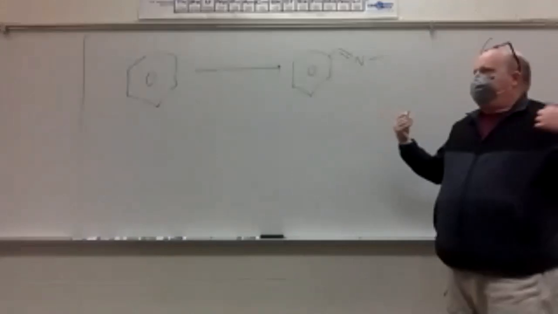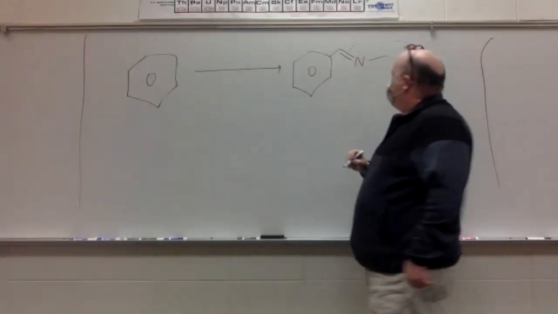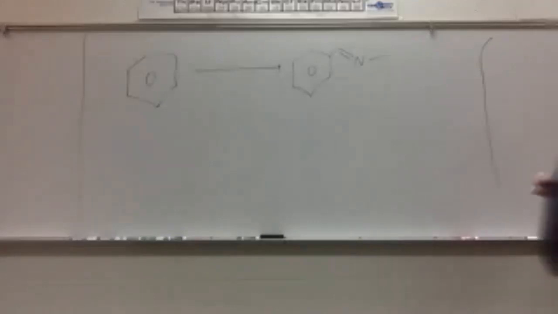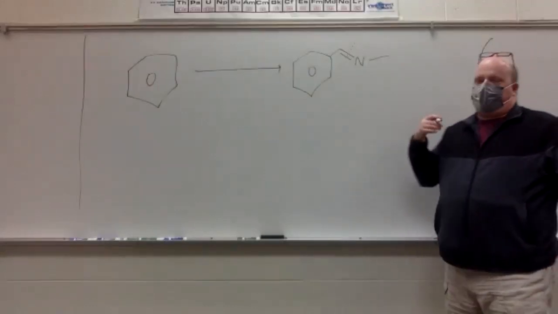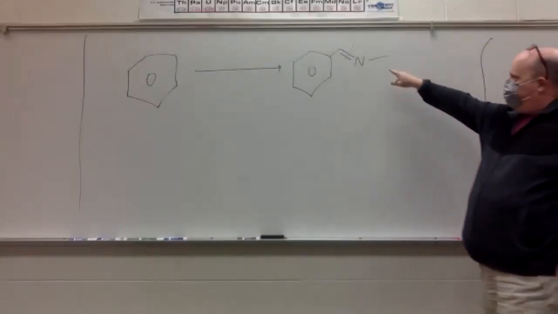So if I'm looking at this one, I'm kind of looking at this as the dividing line, right? We said whenever you're trying to predict the imine product, basically what you do is you replace the oxygen in your carbonyl group with the nitrogen group, right?